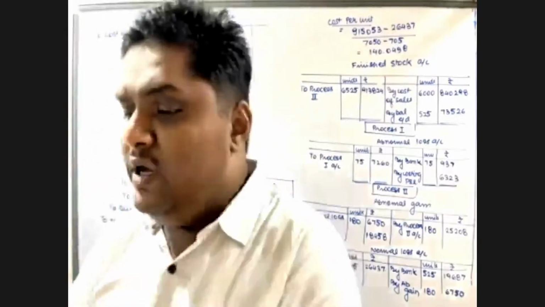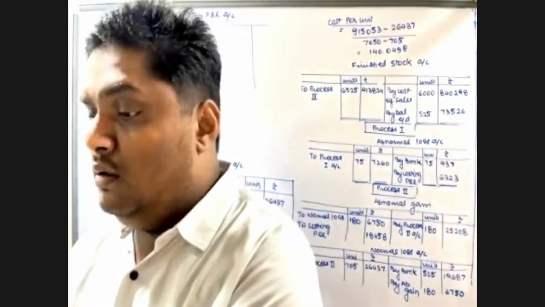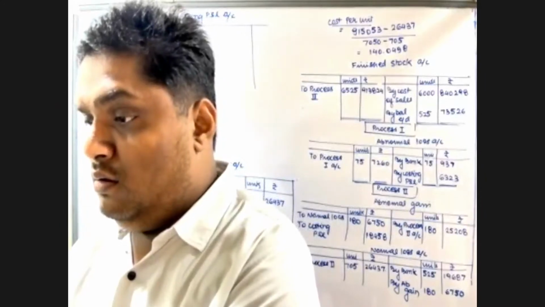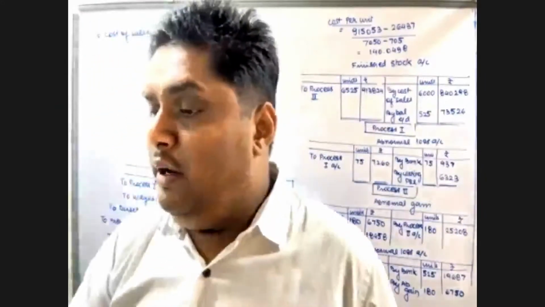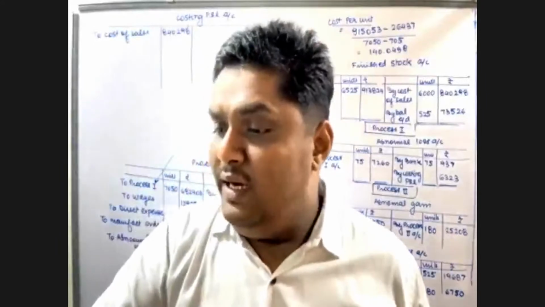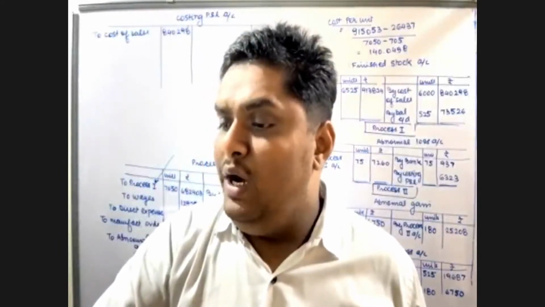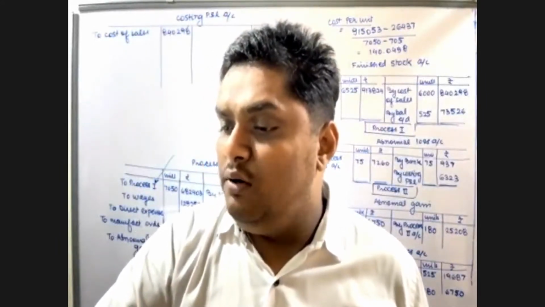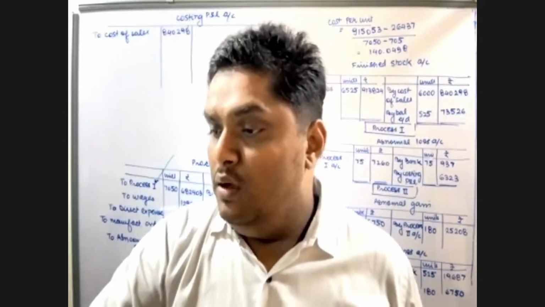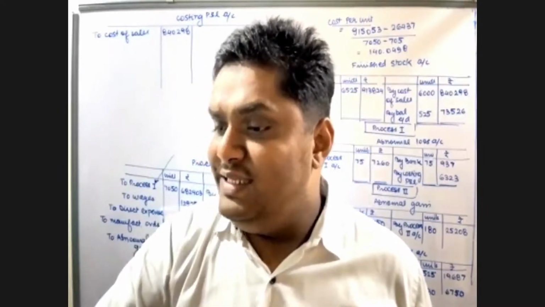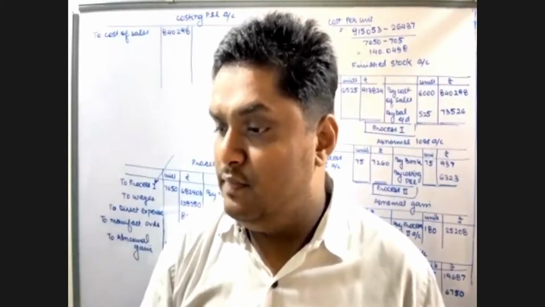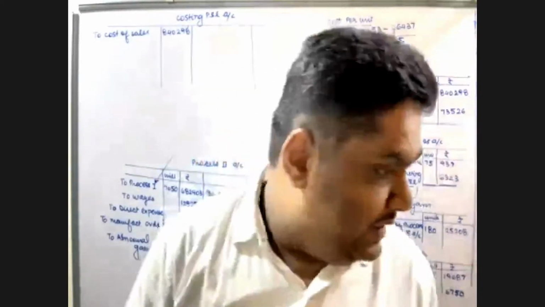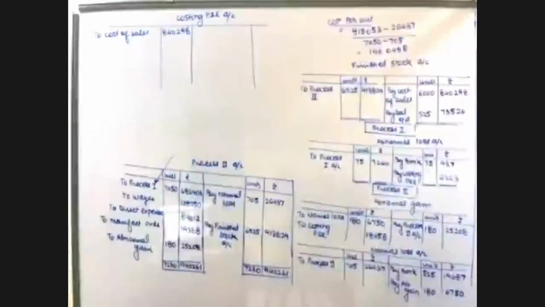Now it is given in the question that these 6,000 units were sold at a profit of 15% on cost. So we can easily calculate the selling price.